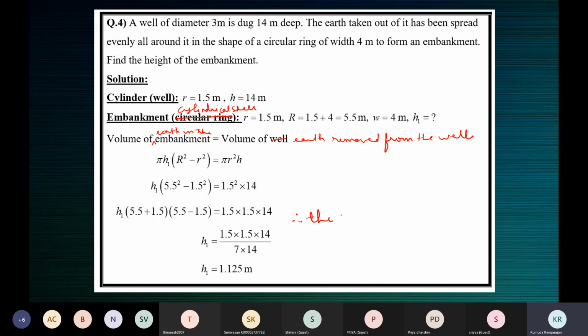Therefore, the height of the embankment is 1.125 meters. Please ask me what you don't understand, children.